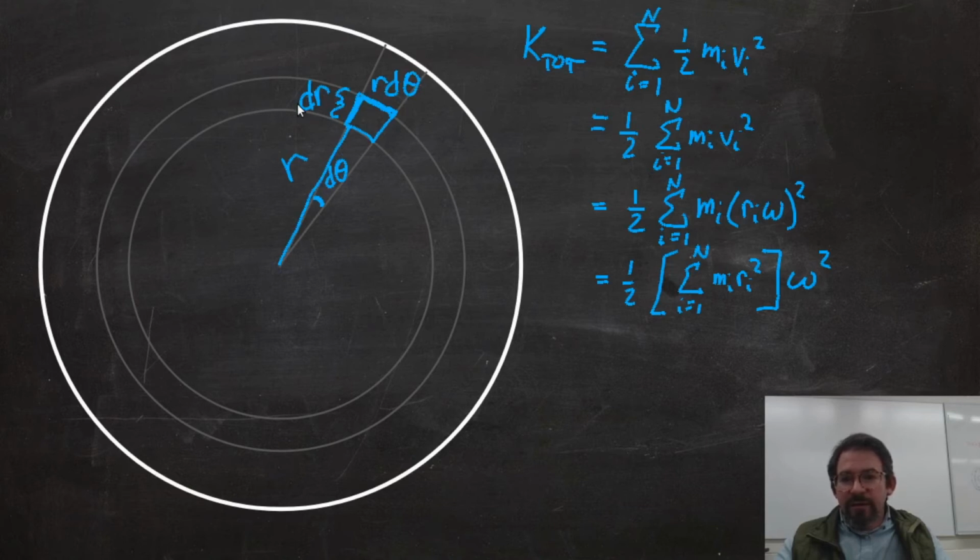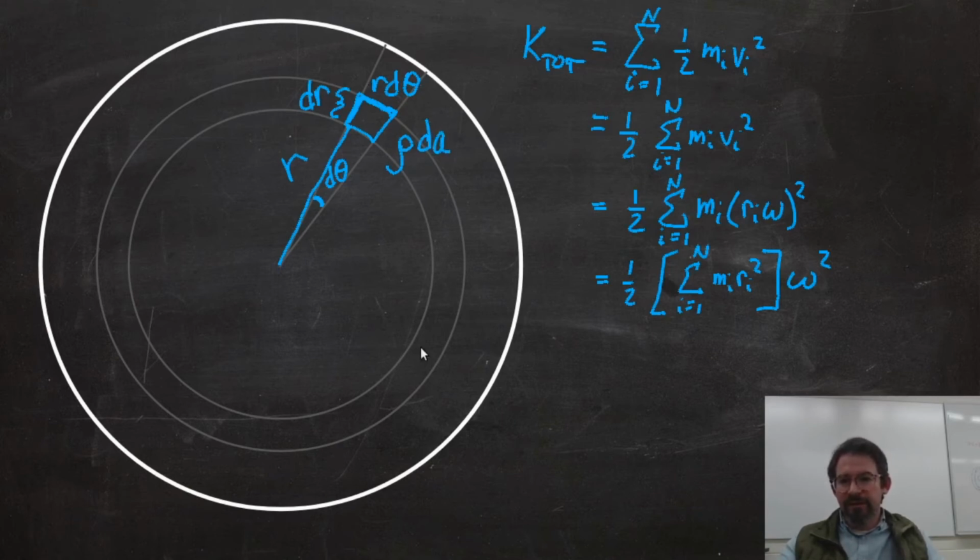Well, when dr is vanishingly small, I can consider r to be the distance to this tiny thing that actually has no area, but we'll be able to write the mass of this thing because I know the mass is just going to be the density of the wheel times the little bit of area, dA.